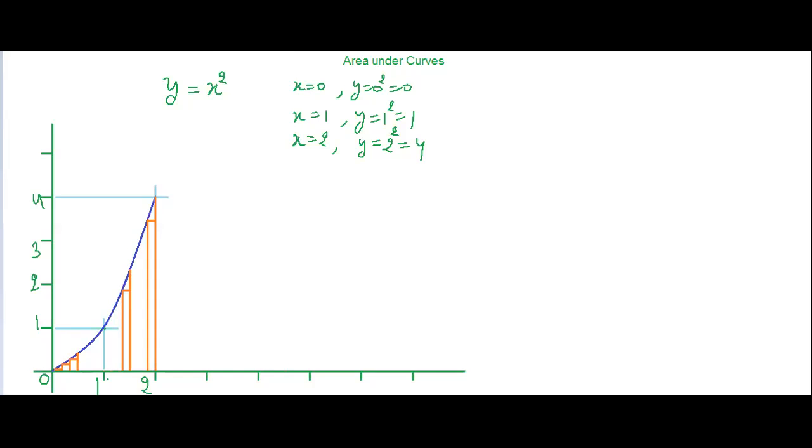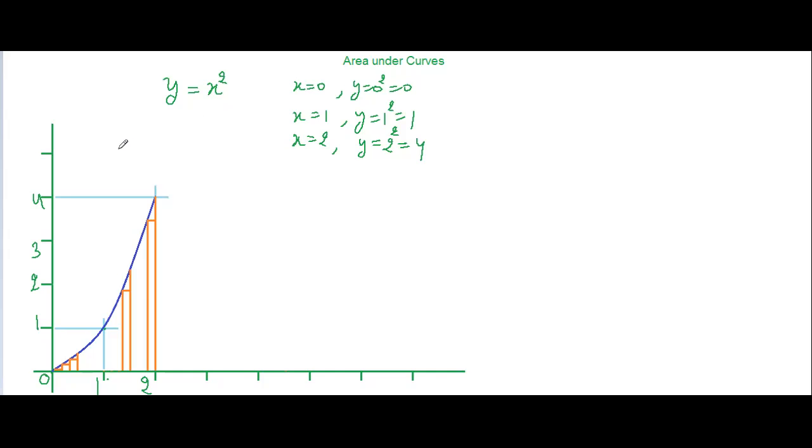And this is not difficult. Interestingly, the area which was easier to find by the trapezium method became difficult by the new method. But this area, otherwise we don't know how to find, but this new method will be easy because we know the equation of the curve.